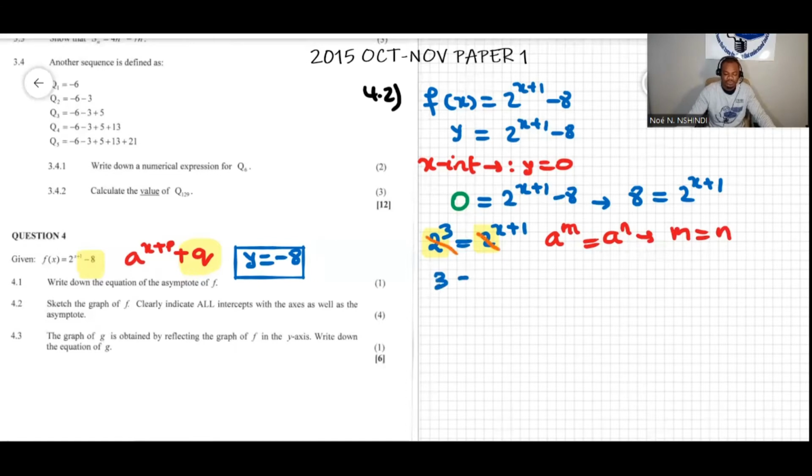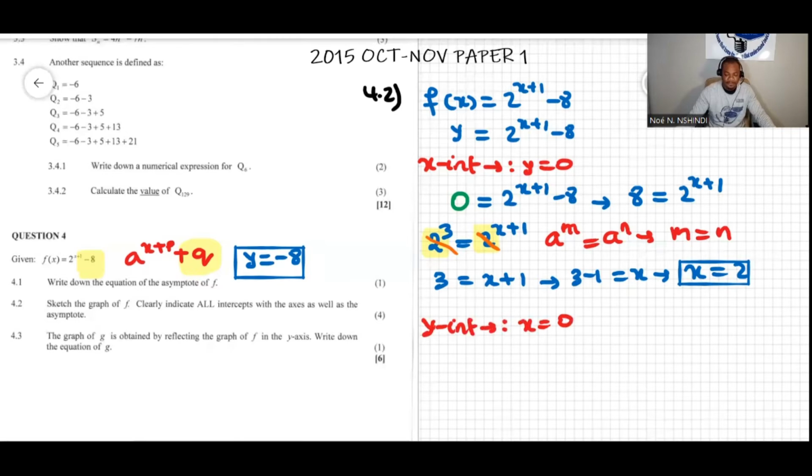So this will be 3 equal to x plus 1. If I move the 1 over, 3 minus 1 equal to x, that means x equal to 2. That's the x-intercept. Now I need to find the y-intercept, which means make x equal to 0.